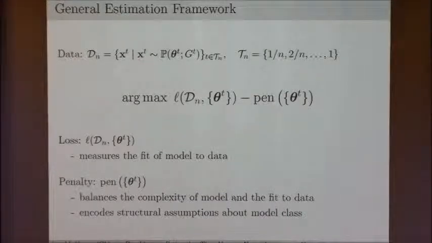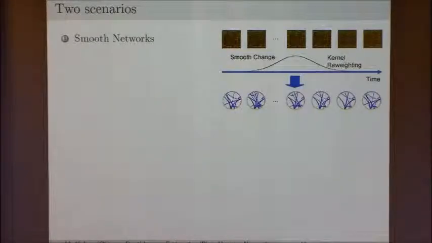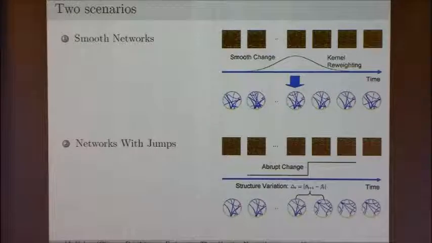And the penalty is going to enforce different assumptions on how the network changes over time. I'm going to tell you about two scenarios. One is when we have smoothly evolving networks, in particular the underlying parameter vector theta as a function of time is smooth in some sense. And another case is when we have an abrupt change or some discontinuity in our parameter vector theta.